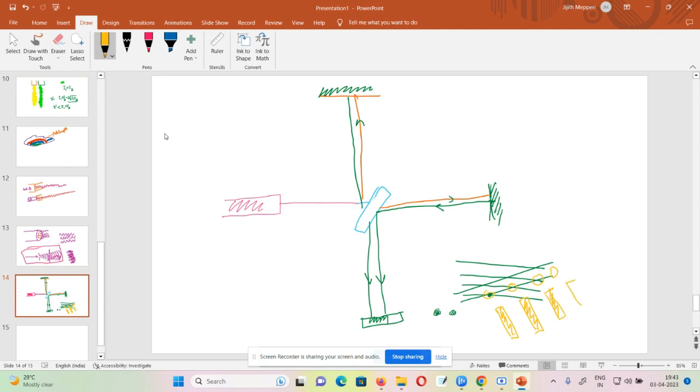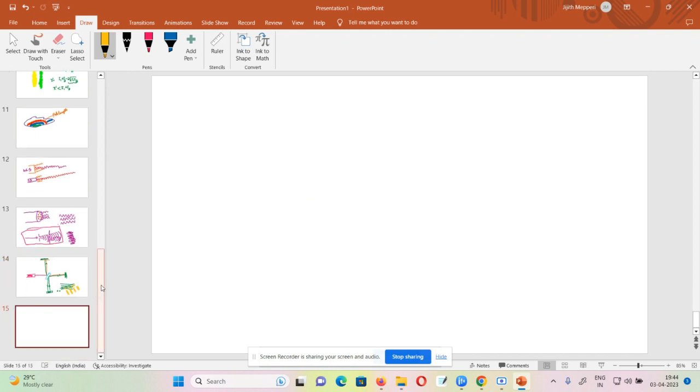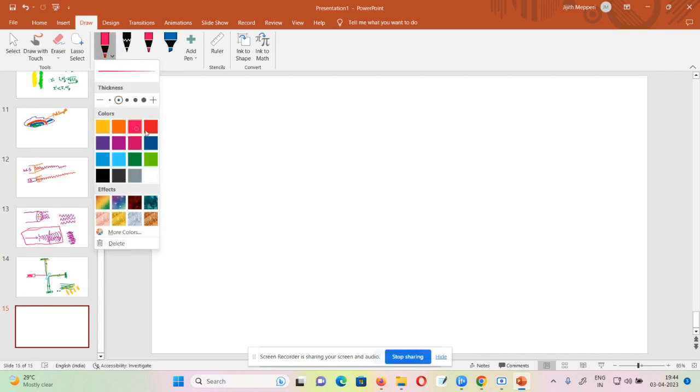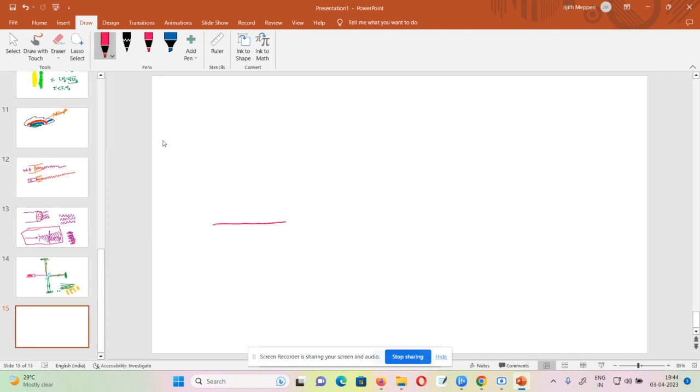Sir, can you explain a bit again? In the Michelson interferometer, you will have a source. It can be a laser source or a monochromatic light source.